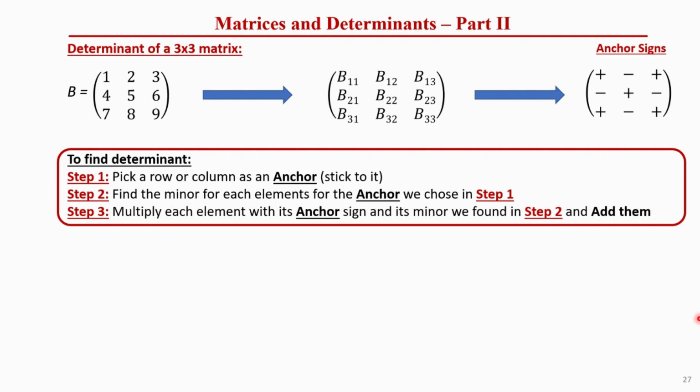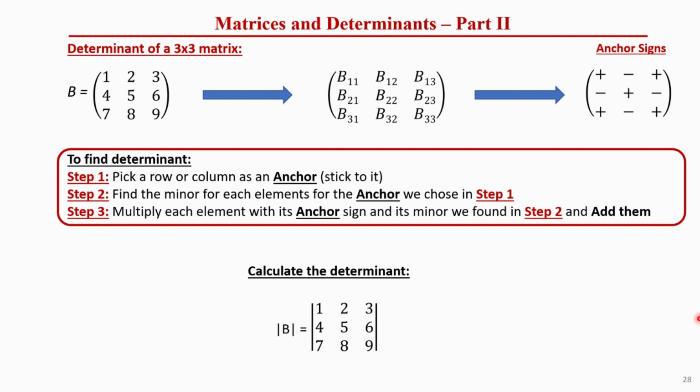And finally, we multiply each element from the anchored row or anchored column with its corresponding anchor sign and its minor that we found in step 2. And we add them all together to find the determinant. Well, seems a bit complex, right? Well, no. We can just do an example, and I guess that would make our life a bit easy.